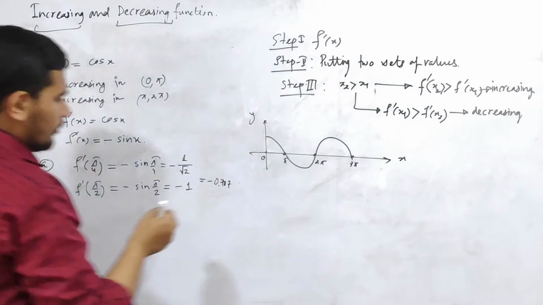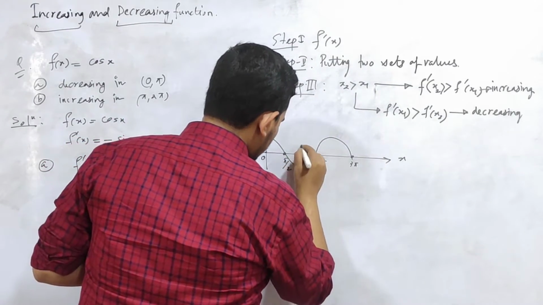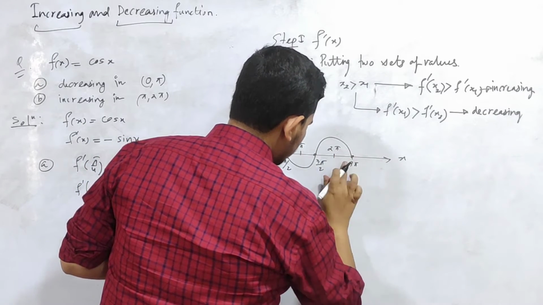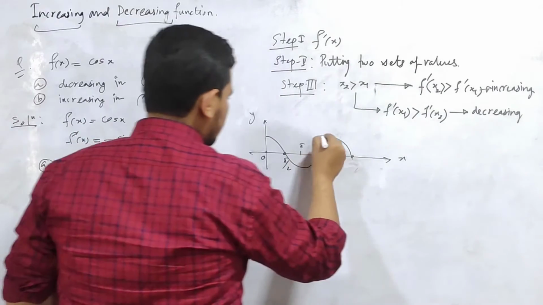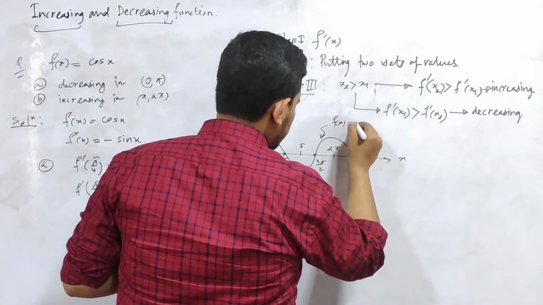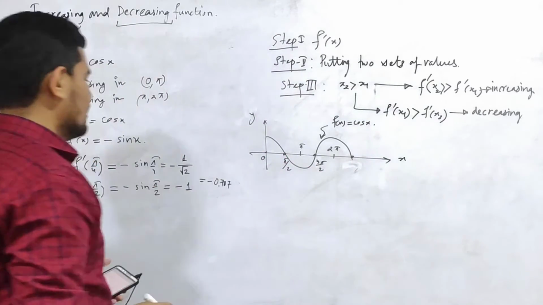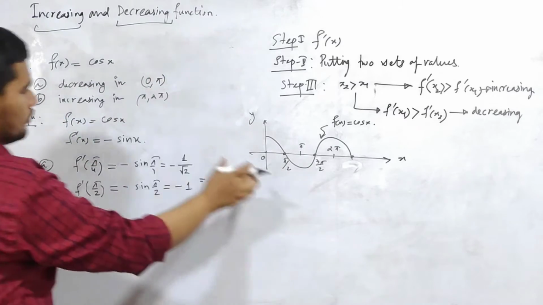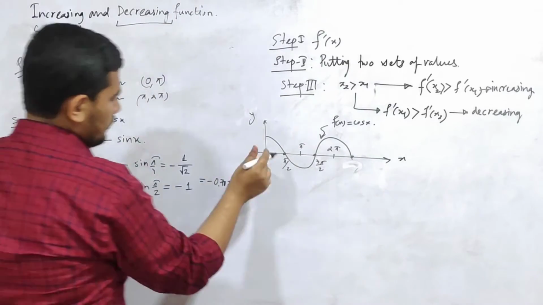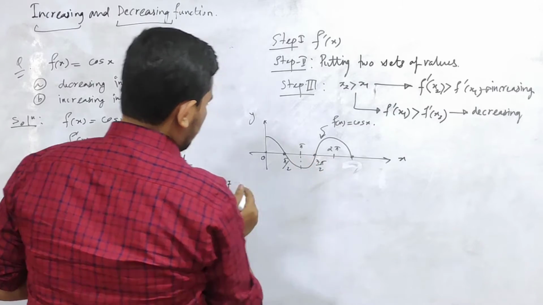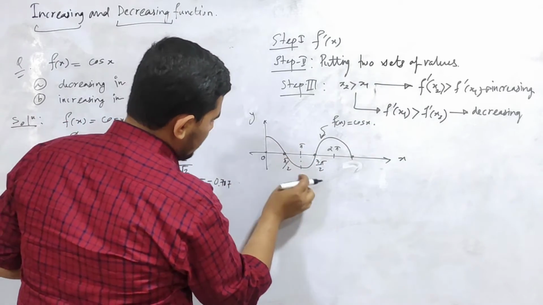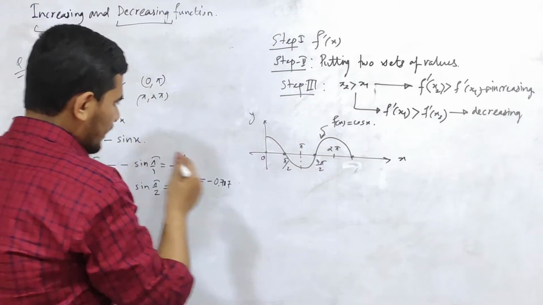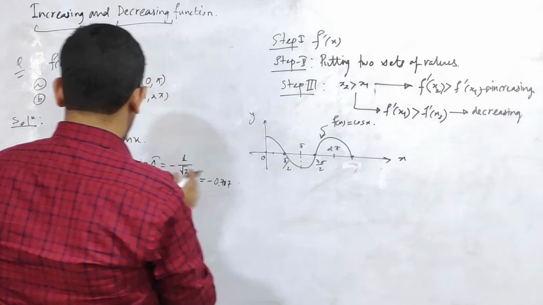This is the curve plot of f of x equal to cos x. Now here you can see that in this interval 0 to pi, this curve is decreasing continuously.